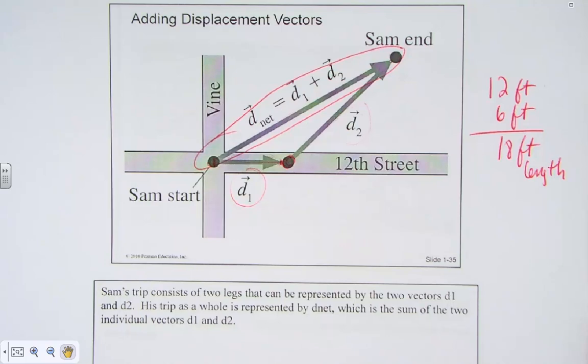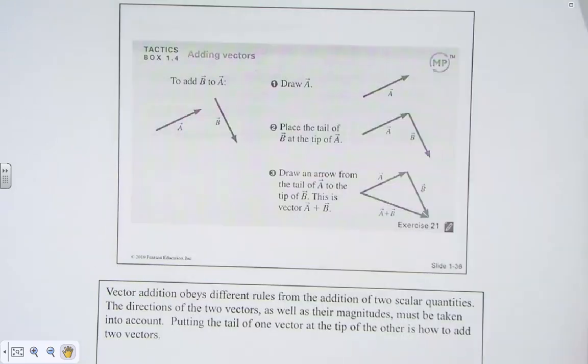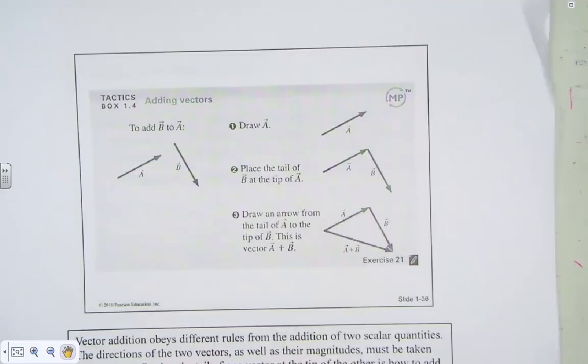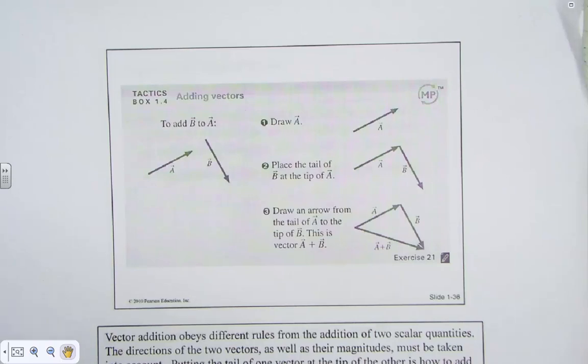Let's break that down and talk about the figure on page 19 that matches this particular slide. Vector addition obeys different rules from the addition of two scalar quantities. The directions of the two vectors, as well as their magnitudes, must be taken into account. We do that by putting the tail of one vector at the tip of the other vector.